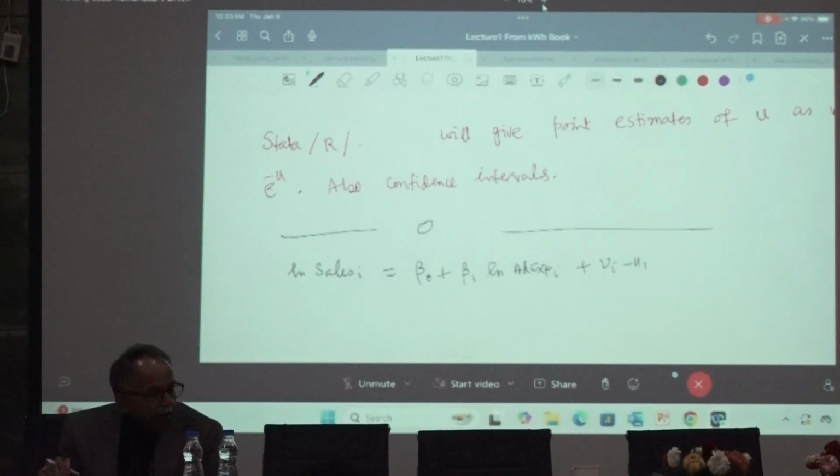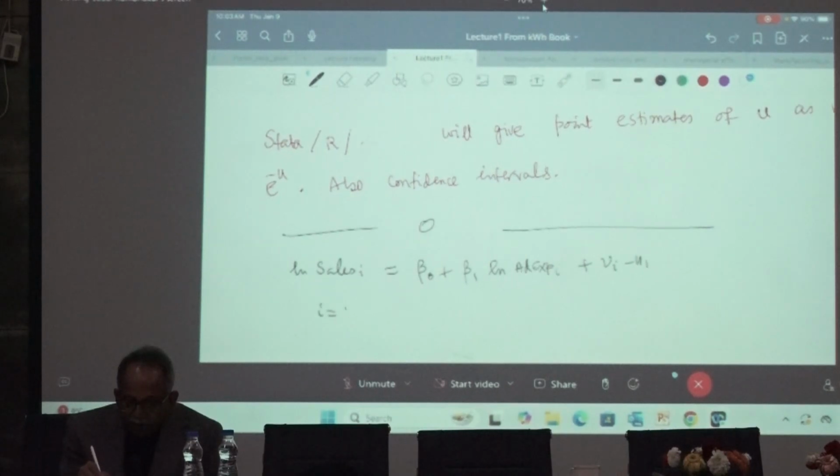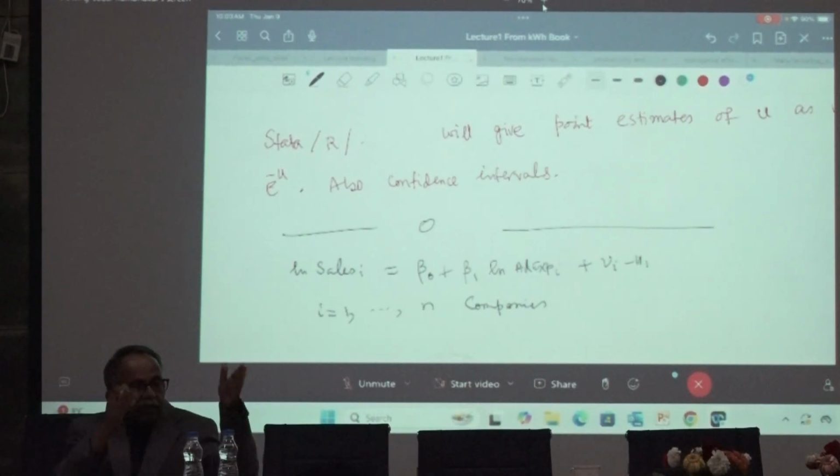For estimating this model, you'll be looking at companies, let's say i going from 1 to n. These are n different companies on which you have data for their sales and advertisement expenditure. If you think in terms of an Excel spreadsheet, think of data like your sales and ad expenditure, and then you take a log of these, so you get 2 additional columns to create these variables.